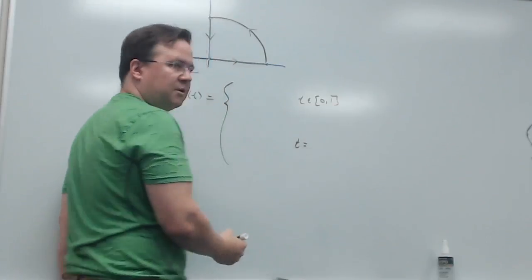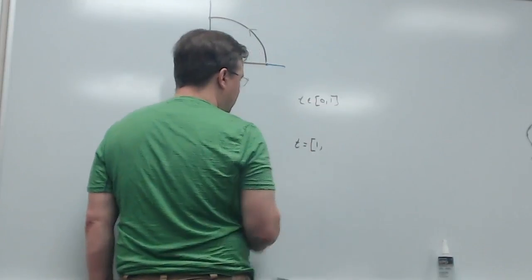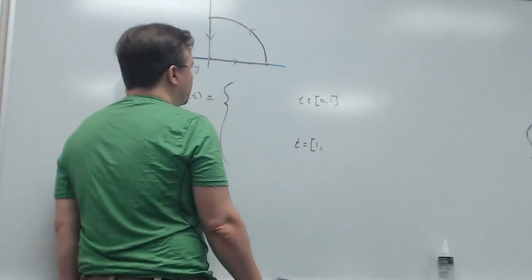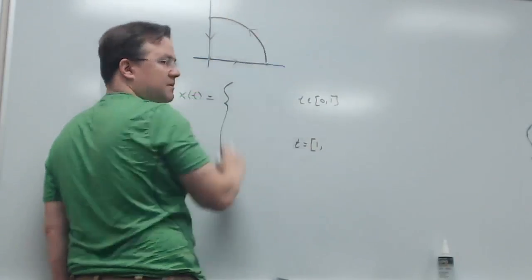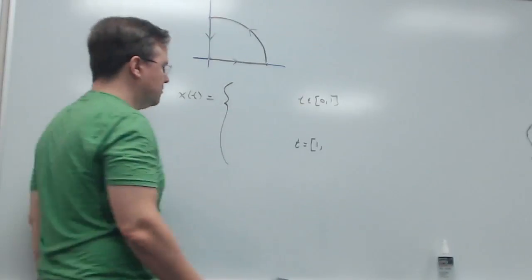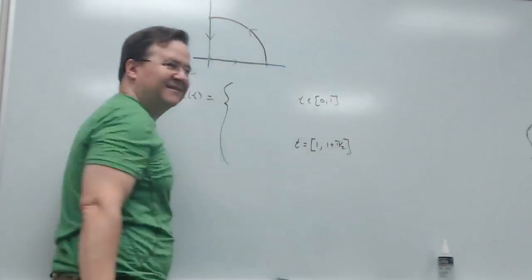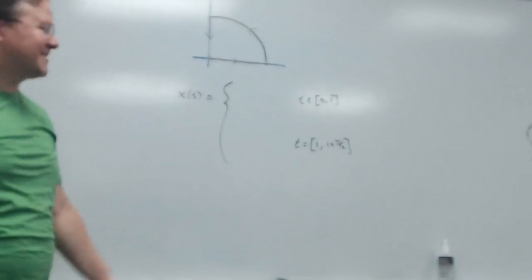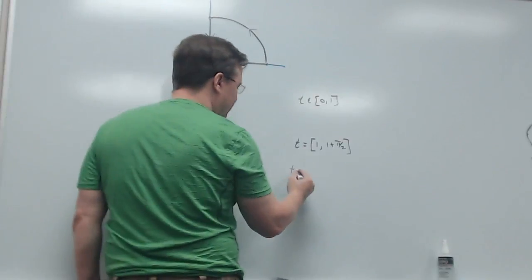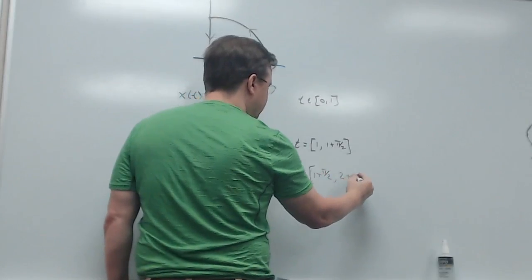And then I'd like to pick up where I left off. So let's go from 1 to, well, my plan is to parameterize this with sine and cosine. So it's going to go from 0 to pi over 2. So 1 to 1 plus pi over 2. It's tricky because I'm starting at 1. And then from 1 plus pi over 2 to 2 plus pi over 2.